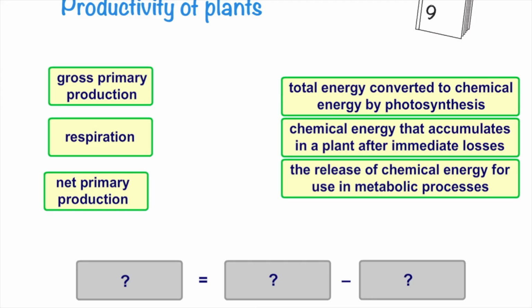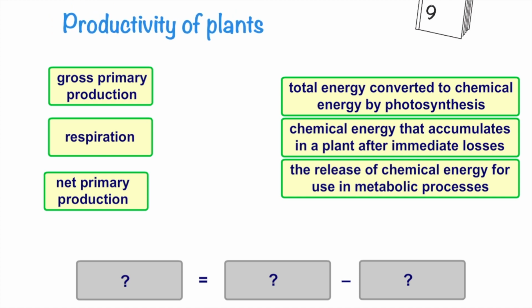We're going to combine all of the information that we've learned so far into one neat formula. So we're still talking about the productivity in plants. Now, let's first do a quick recap of the new terms that we've learned today.